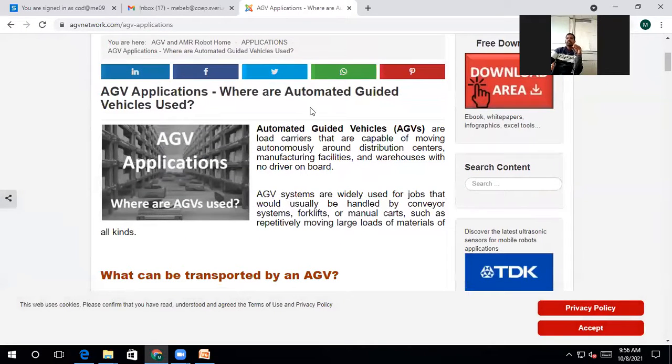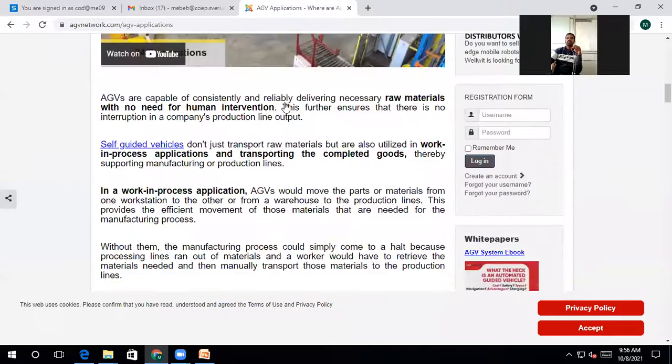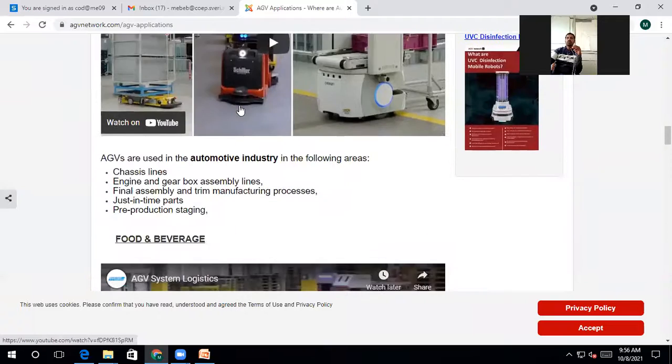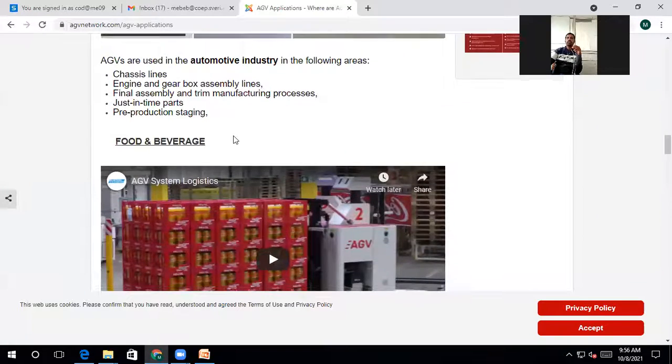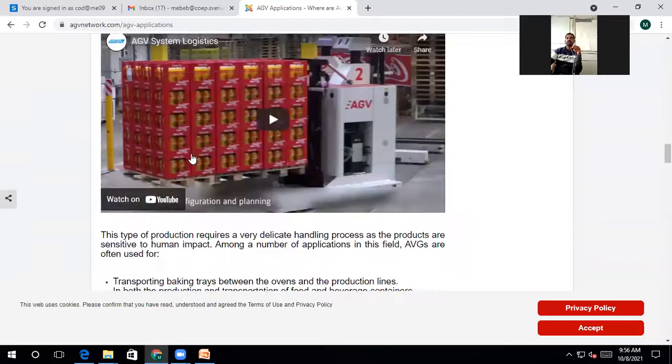AGV's application where automated guided vehicles are used. Where we can use transport by AGVs, these are the applications: automotive sector, food and beverage. For food also, automotive sector also.